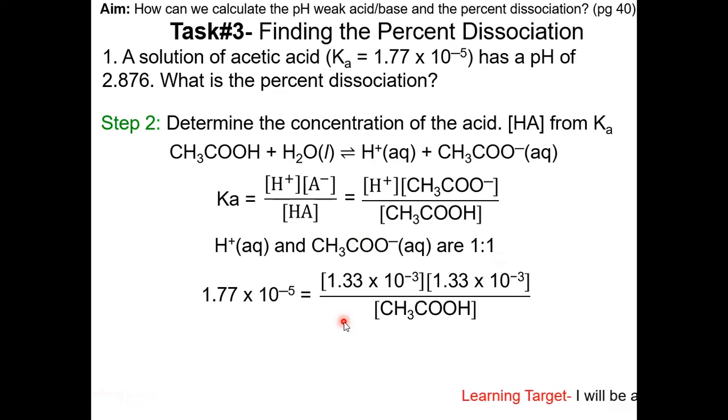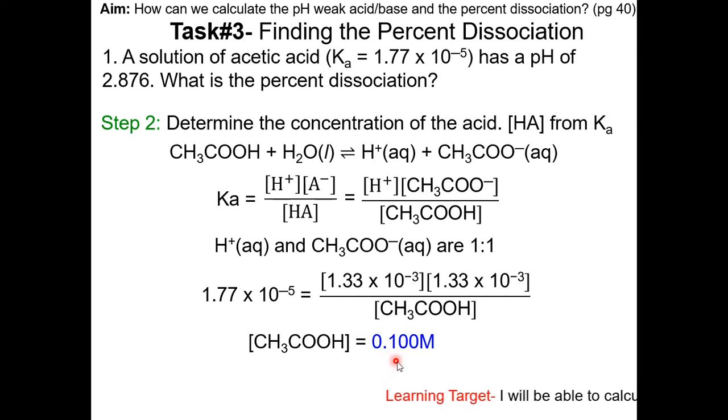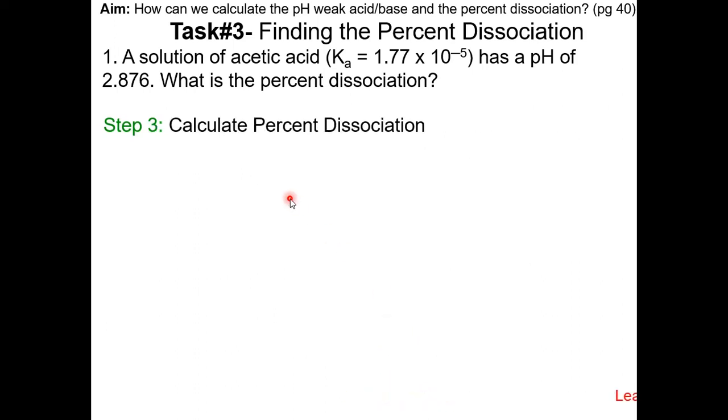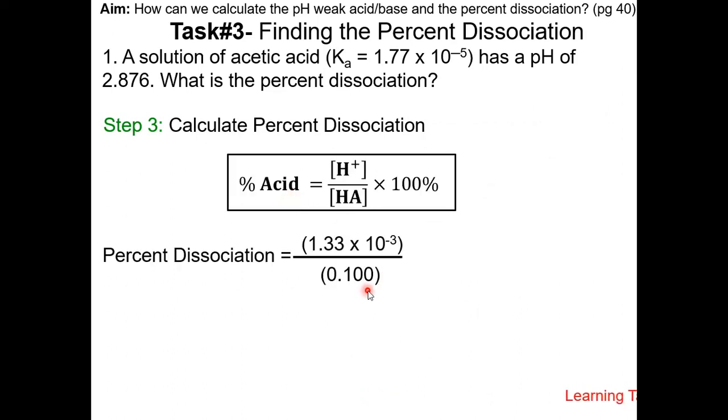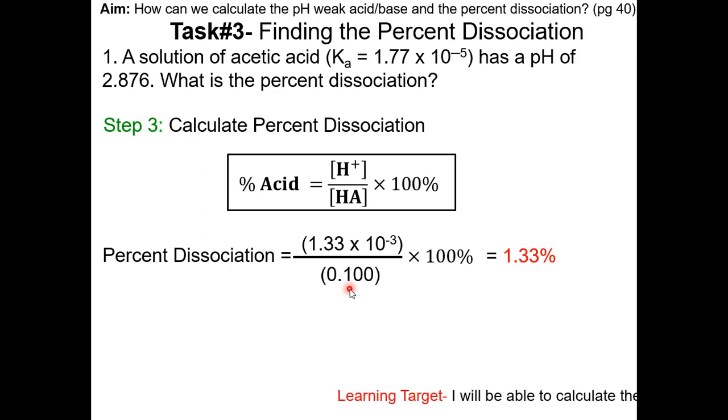Using that information, we can solve for the concentration of acetic acid, which is 0.1 molar. For step 3, we can calculate the percent dissociation. The hydrogen ion concentration is 1.33 times 10 to the minus 3 over the concentration of acetic acid, which is 0.1, times 100% gives us 1.33% dissociation.